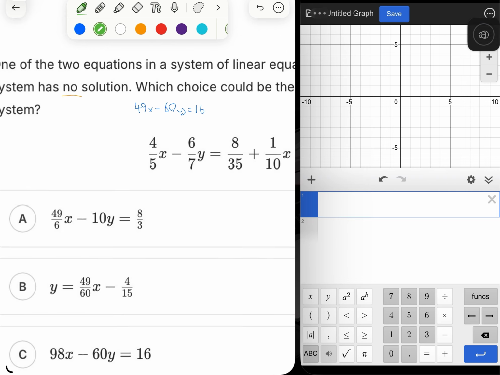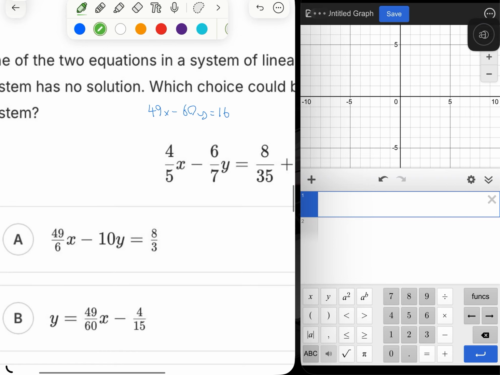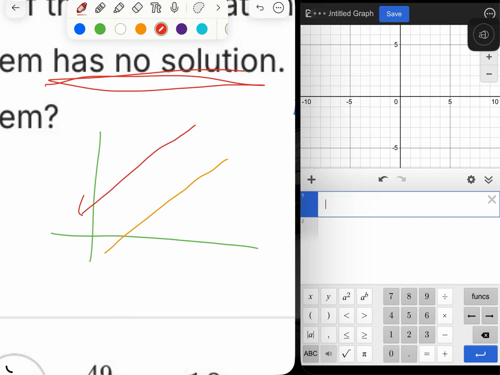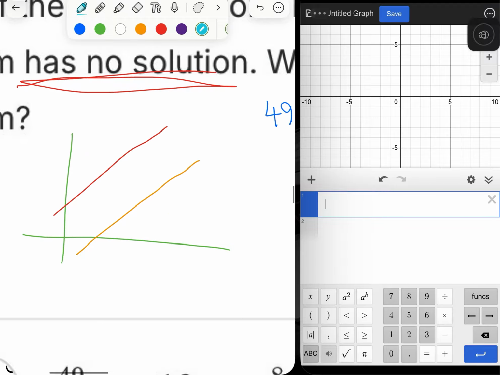Now, if a system has no solution, and again, that's very important, what that means is that, let's say you have an XY graph here. You have a line that goes like this. And for it to have no solution with another equation, that means another line has to be exactly parallel. So if these two lines are parallel, what that means is two things. First, the slopes have to be the same.